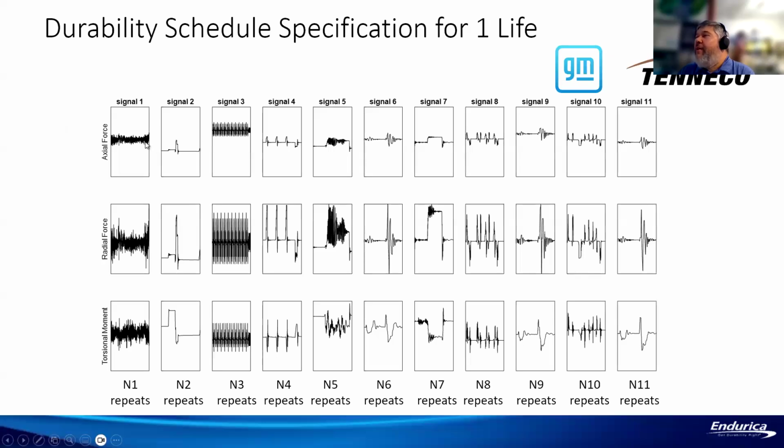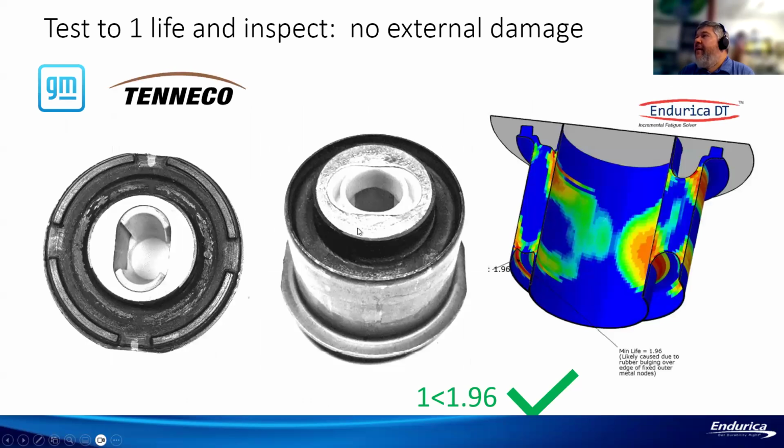But like I say, we ran the simulation again with just the 3 channels so that we could match up with the experiment. And here is the simulated failure mode for the part. And here are the test results. So for the test, what they did was they put the bushing on the rig, they ran it to 1 life, and they validated that after 1 repeat of the schedule, there were no observable cracks on the part.